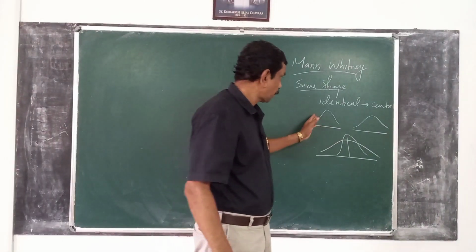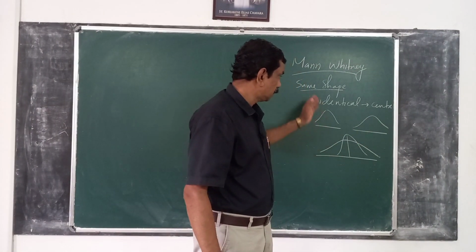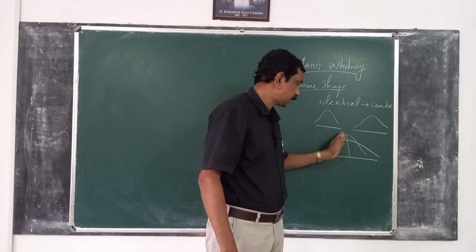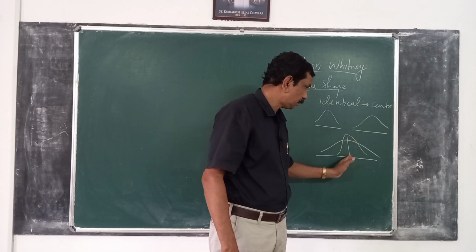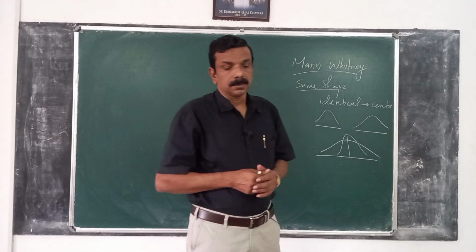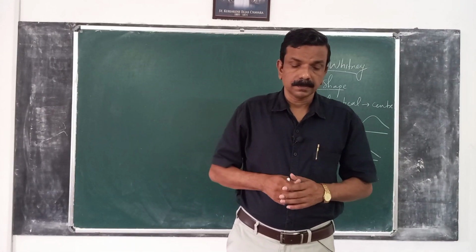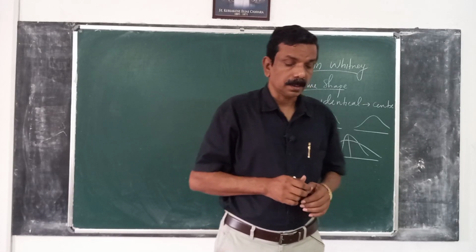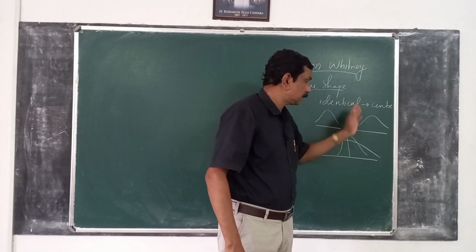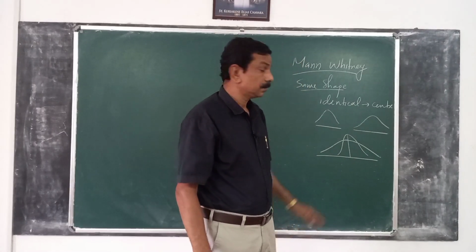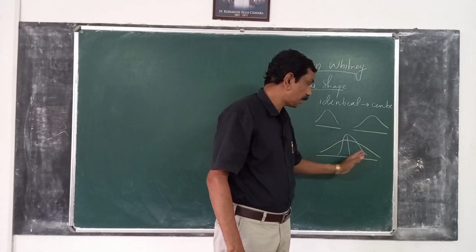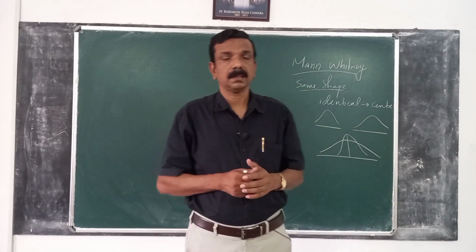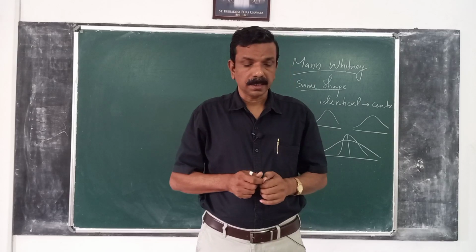So this is the same shape, identical. This is a different shape, even though the mean is the same here. So two normally distributed random variables will have the same shape if and only if they have the same standard deviations.